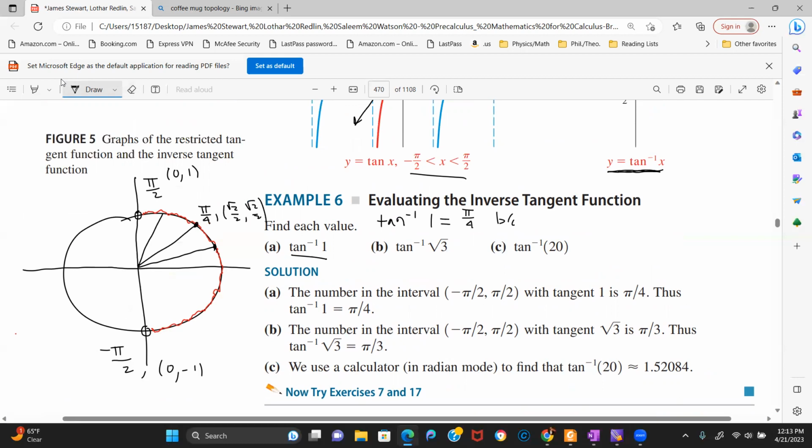And that's because when you take tangent of pi over 4, what is it? Remember, it's the y coordinate divided by the x coordinate. So it's root 2 over 2 divided by root 2 over 2, and that's 1. So tan inverse sends 1 to pi over 4 because tangent sends pi over 4 to 1.